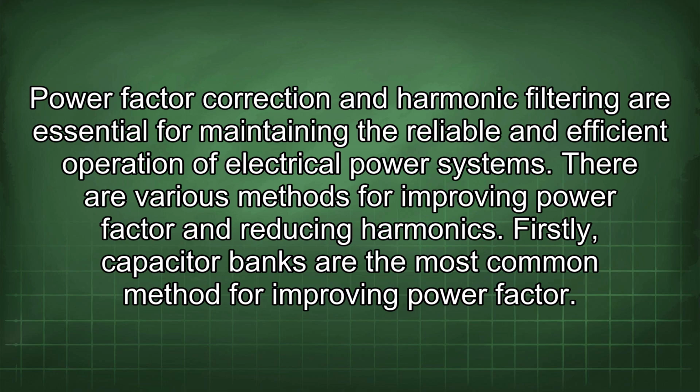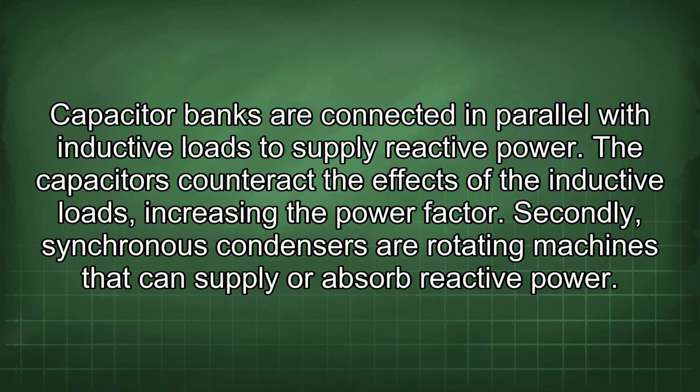There are various methods for improving power factor and reducing harmonics. Firstly, capacitor banks are the most common method for improving power factor. Capacitor banks are connected in parallel with inductive loads to supply reactive power. The capacitors counteract the effects of the inductive loads, increasing the power factor. Secondly, synchronous condensers are rotating machines that can supply or absorb reactive power.